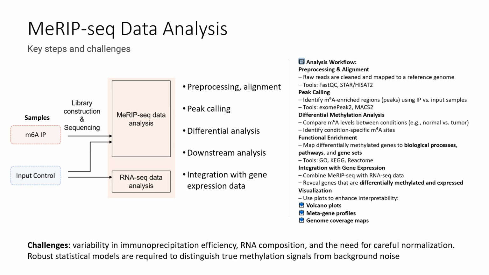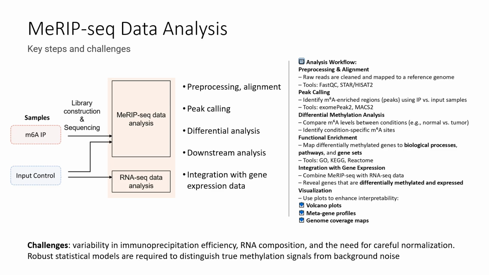This is followed by differential methylation analysis, which compares methylation levels across experimental conditions such as healthy versus disease states. Next, further downstream analysis links these methylation changes to biological functions, for example, through functional enrichment analyses such as gene ontology or KEGG pathway mapping.